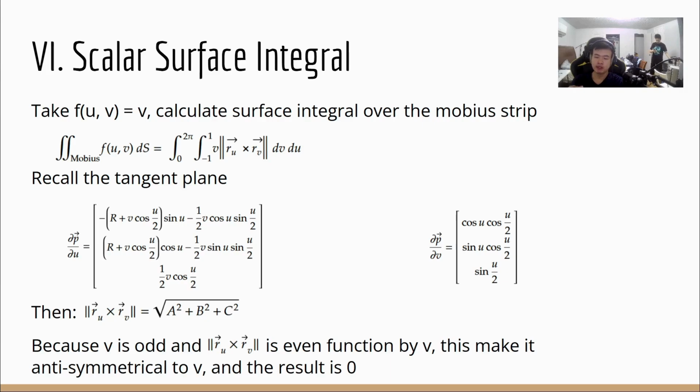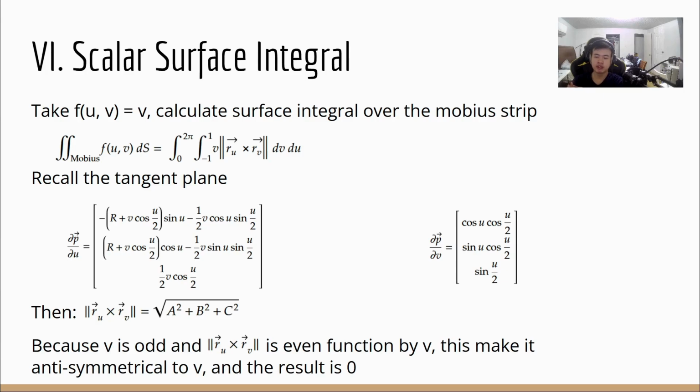However, we don't really need to evaluate the full expressions, and here's why. The partial derivative dP/du contains the variable v of degree 1 in all of its dimensions, which means that the cross product, and therefore its magnitude, also depends on v.